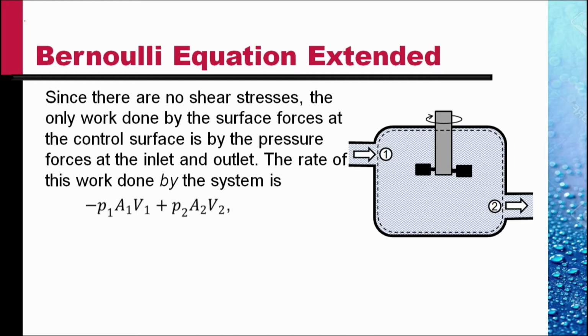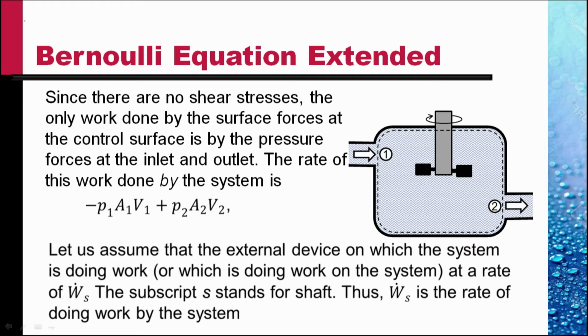P1 A1 V1 is the work done on the system while pushing the fluid in at the inlet, and therefore it is negative. P2 A2 V2 is work done by the system in pushing the material out at the exit, and that's why it is positive.